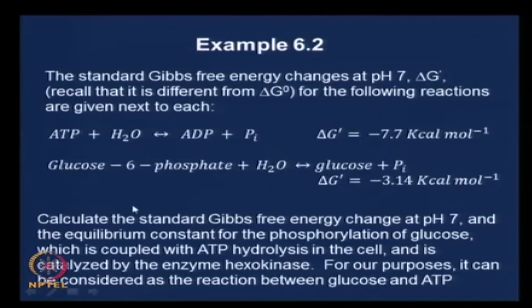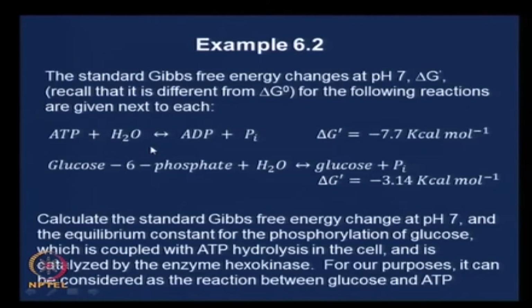Now the question here is, or the need here is, calculate the standard Gibbs free energy change at pH 7 and the equilibrium constant for the phosphorylation of glucose, which is coupled with ATP hydrolysis in the cell. It is a coupled reaction, the phosphorylation of glucose and ATP.